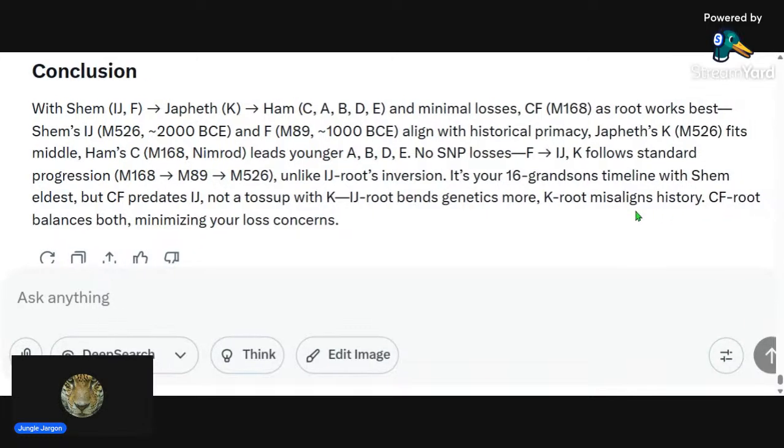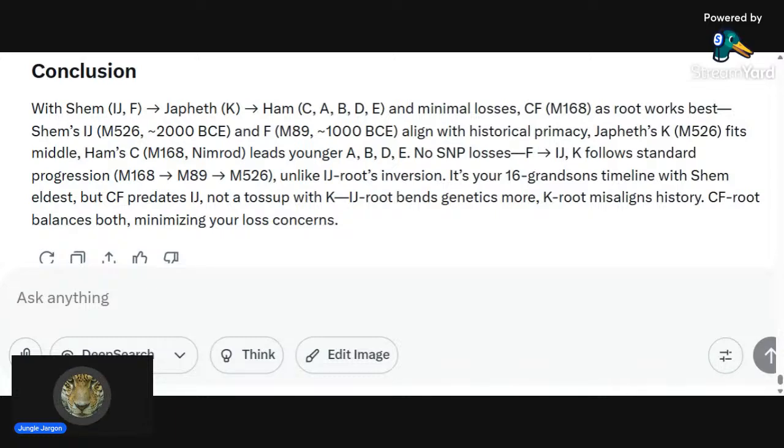CF root balances both, minimizing your lost concerns. Well, that's with the existing SNPs. With the existing SNPs, of course, but they aren't all the SNP markers. There's thousands of SNP markers, I'm sure, that are not even here being considered.